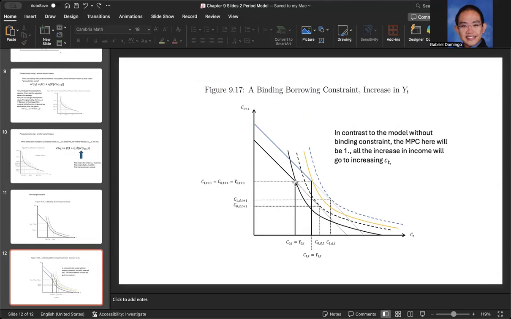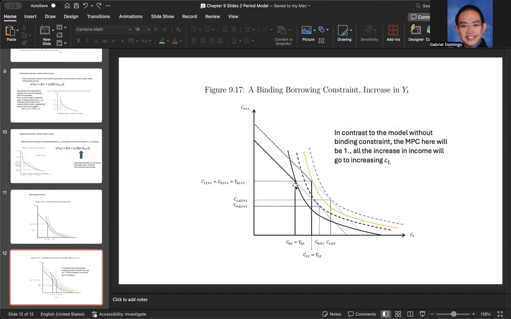All right, so this is your original constraint, and the idea of this graph is what if your income goes up from y0 to y1? What happens then? From a graphical point of view, your borrowing constraint moves from this black sloping line and vertical line here to this blue sloping line and this black vertical line, right?